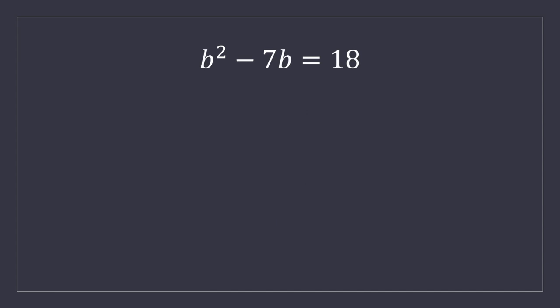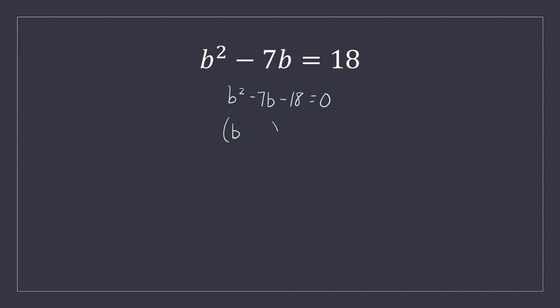Looking at this next one, we've got b squared minus 7b, and I am going to right away subtract that 18 to get it to the other side so that my equation is now equal to 0. This might be a good time to pause the video and see what you can come up with as factors of 18 that subtract to make negative 7.